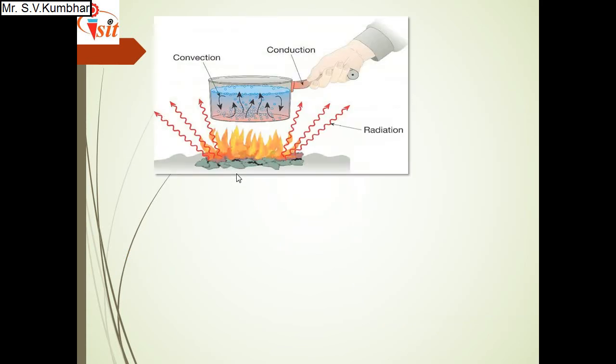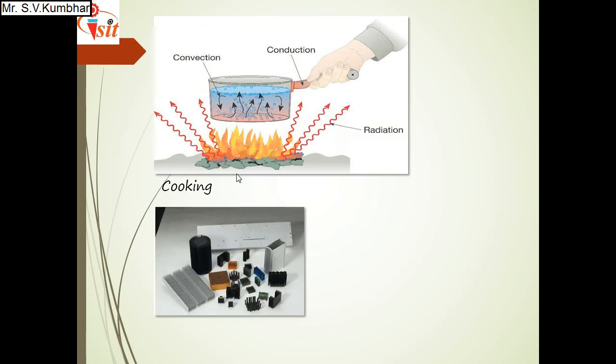This is one of the examples: domestic cooking. If you want to cook, the three modes, that is conduction, convection, radiation, all the modes of heat transfer are observed. Second example, cooling of electronic components. You are using mobile phones, PCs, laptops, then chargers.